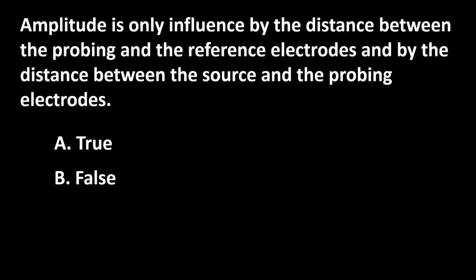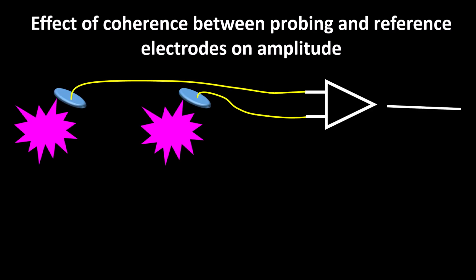Next question. Amplitude is only influenced by the distance between probing and the reference electrode and by the distance between the source and the probing electrodes. A, true, B, false. When the probing and the referential electrodes are both exposed to an electrical field with the same characteristic, that is, same morphology and chronology, the result is a flat line.